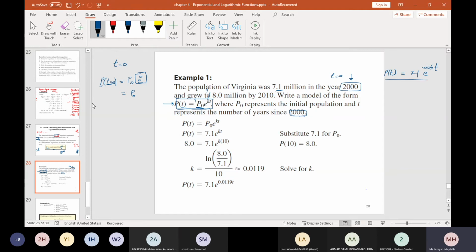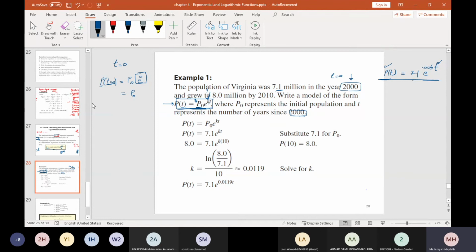If this is the function, and I need the population after 3 years, what should I do? Here I substitute t equals 3 and do the calculation, and I can get the population. After 17 years, you put it here and you find how much the population will be. So with this exponential function, we always have two unknowns. I must know the initial population and I must know the constant k.